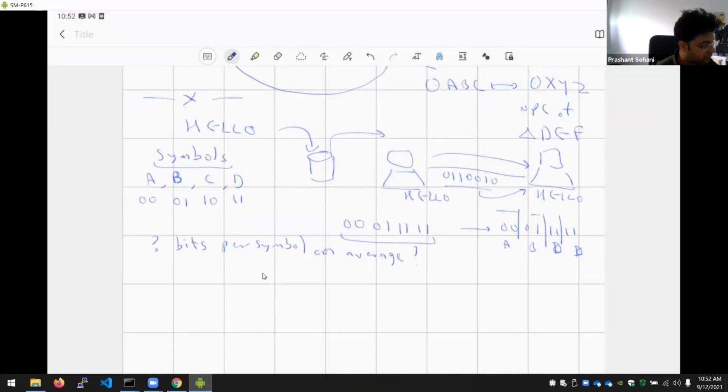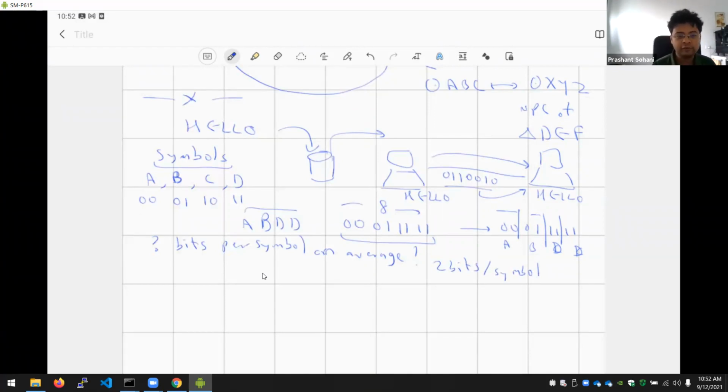In order to transmit a four symbol word like ABDD, we require 8 bits, right? So on an average, it is 2 bits per symbol. That is obvious because every symbol requires 2 bits to be represented.